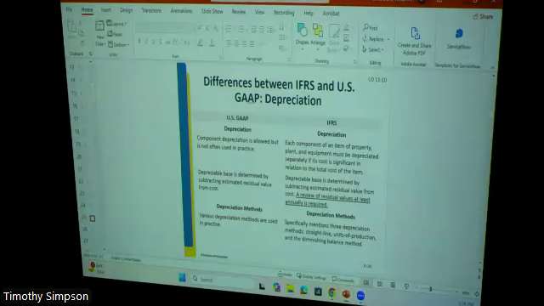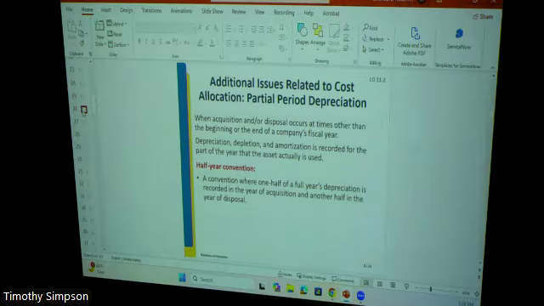I think I may have covered this before, but it probably bears repeating. So let's talk a bit about some additional issues here. One of the big ones kind of comes up again and again. I know that maybe we oversimplify acquisition dates and disposition dates in accounting textbooks, where we say, hey, we bought a truck on January 1st and we sold it on December 31st, meaning that we're doing business on New Year's Day and New Year's Eve both, really?